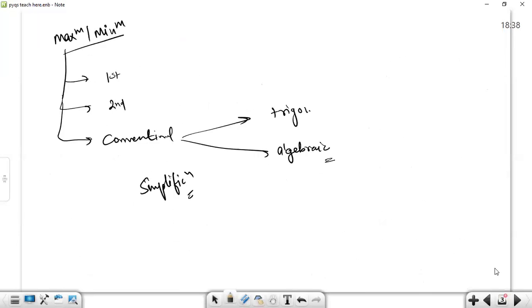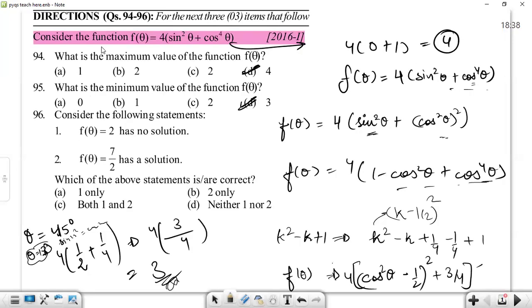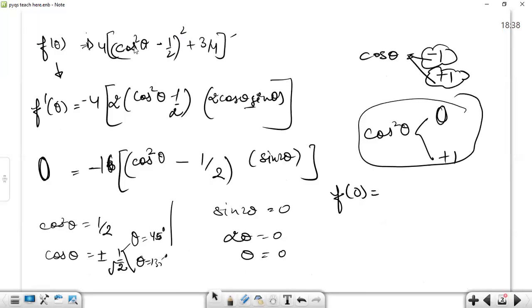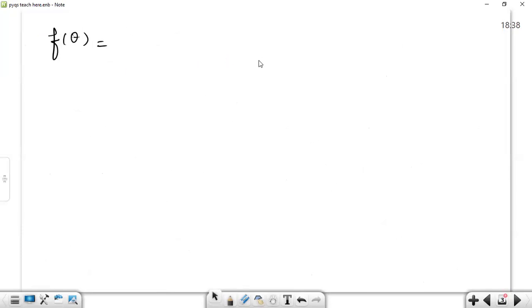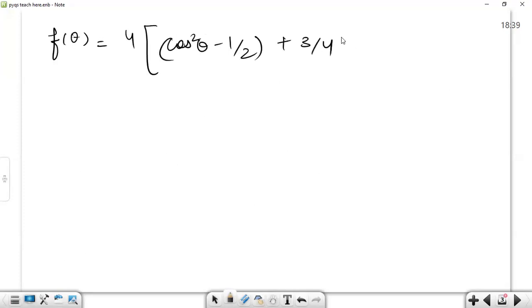The third question. Our function is, let's write the simplified form of the function, which is 4 into cos square theta minus half whole square plus 3 by 4.